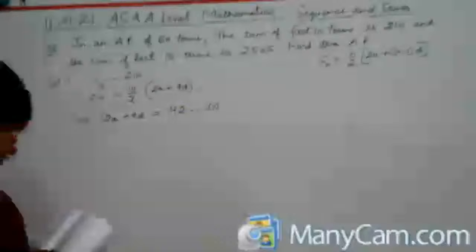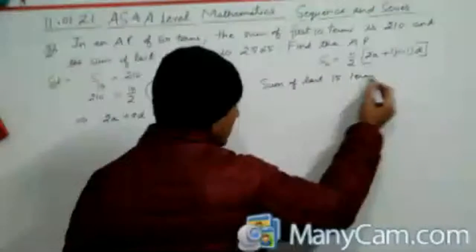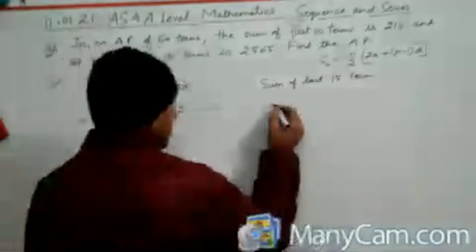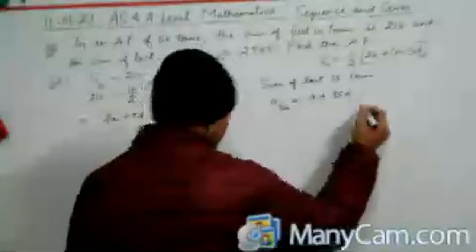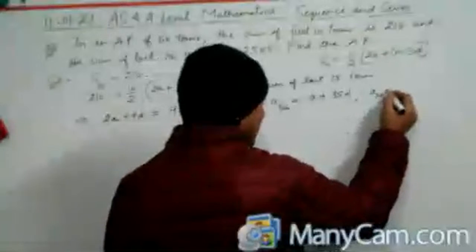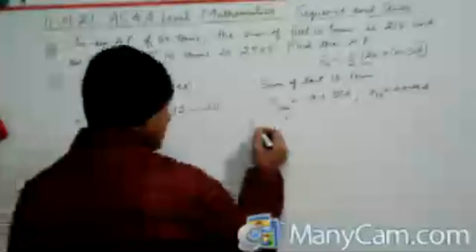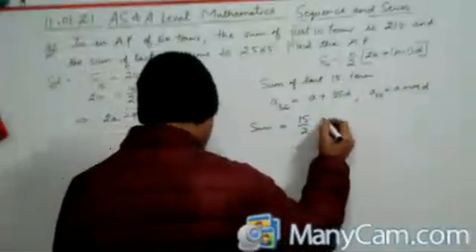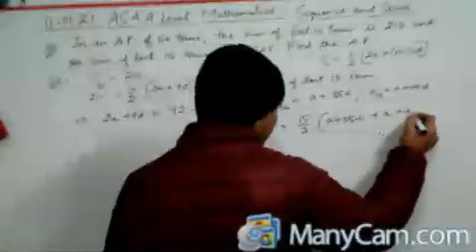Now the sum of the last 15 terms. The term a36 equals a plus 35d, and the last term a50 equals a plus 49d. The sum of these last 15 terms can be written as 15 by 2 into (a plus 35d plus a plus 49d).